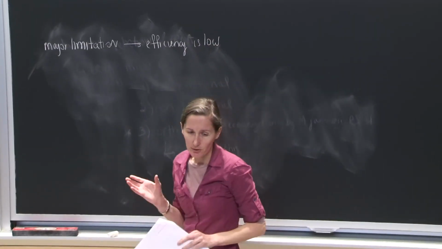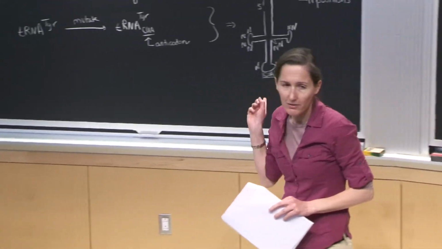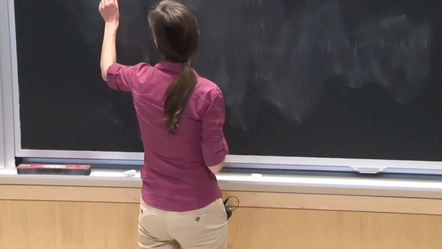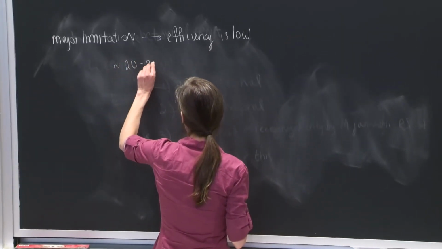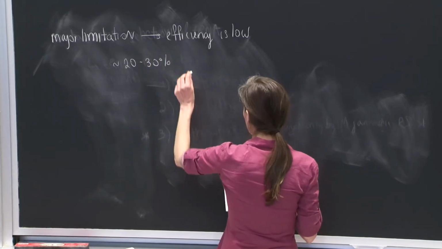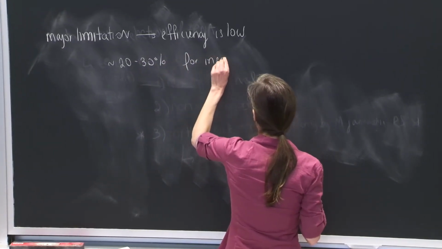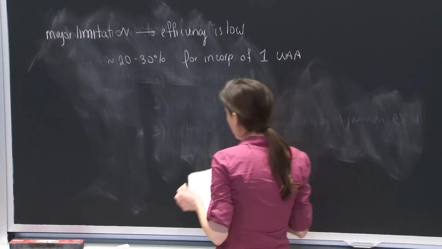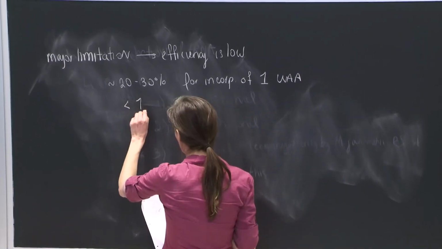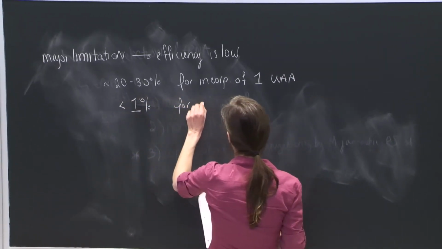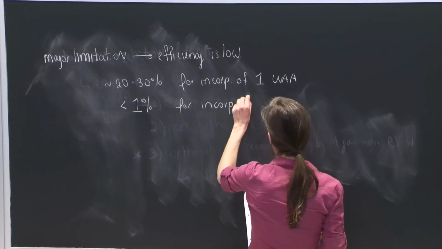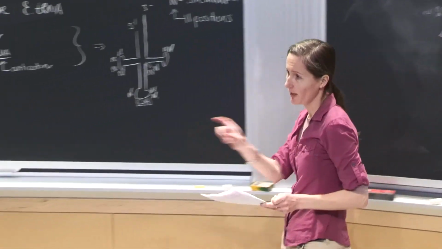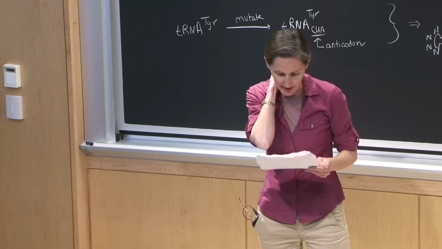Okay, and if we consider wanting to incorporate one unnatural amino acid into a polypeptide, so there's one amber stop codon put in, what was found is that about 20 to 30% efficiency for incorporation of one unnatural amino acid. Okay, and then this value plummeted to less than 1% for incorporation of two unnatural amino acids. So imagine there's two amber stop codons put within the gene.